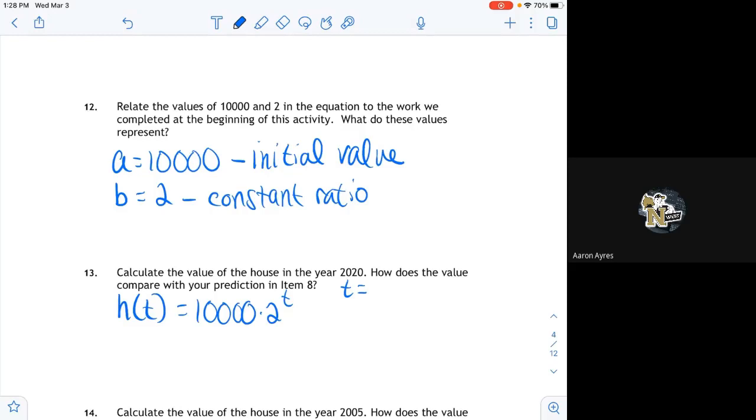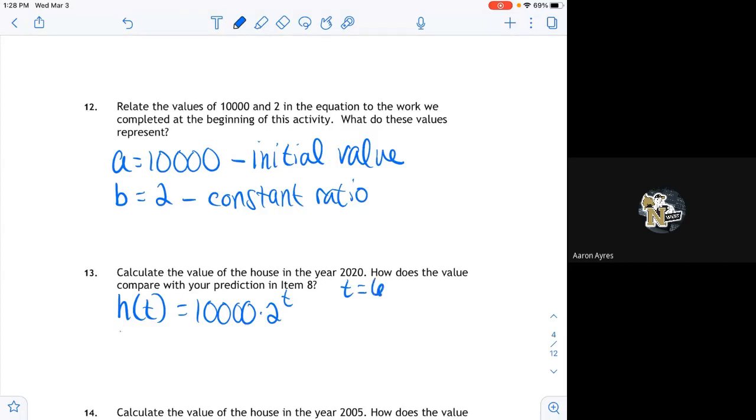So what would be the decade number I need here to get 2020? 1960 is 0. 1970, 1980, 90, 2000, 2010, 2020. It would be 6. Are we okay with that?